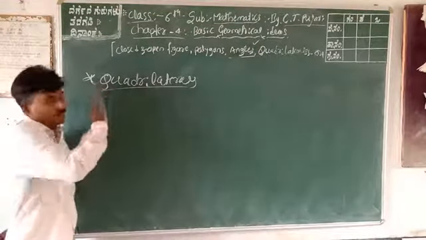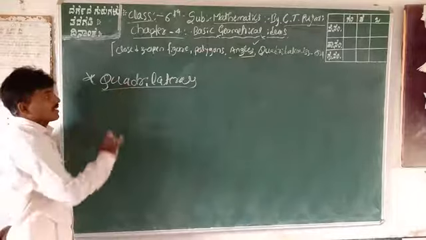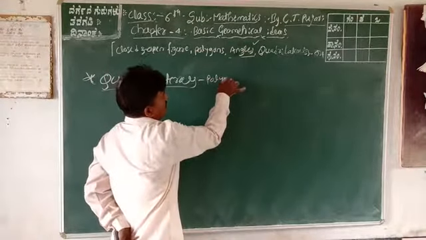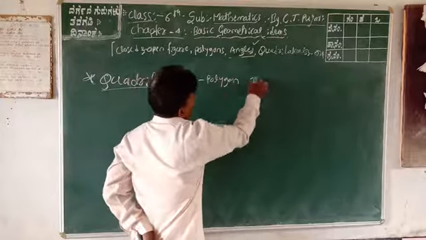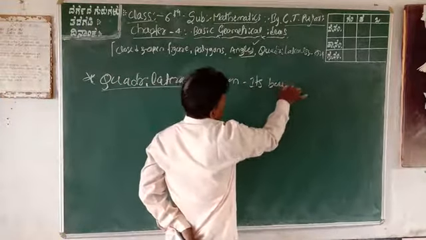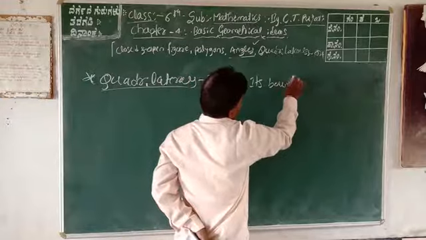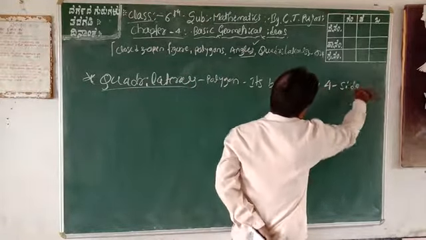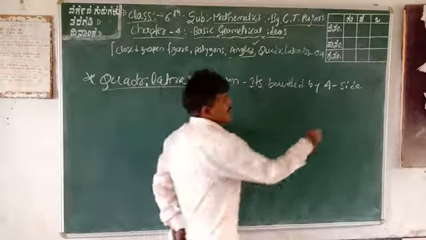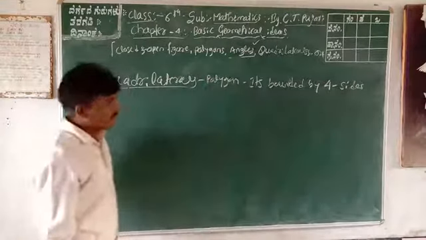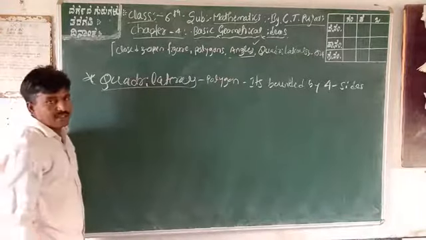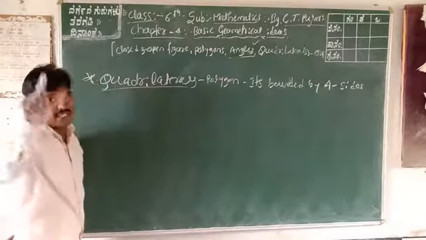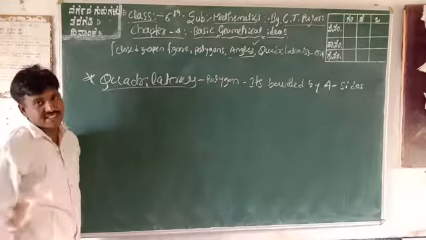It is also a polygon. Only a polygon bounded by four sides is called a quadrilateral. Once again, the definition: a plane surface bounded by four sides, four angles, and four vertex points is called a quadrilateral.